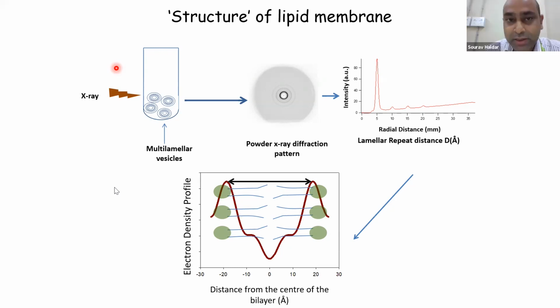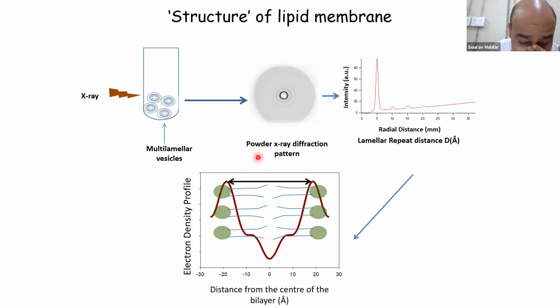But when we talk about the structure of a lipid membrane, what do we actually refer to? What we can do is get a time average distribution of different components of a lipid molecule when they are arranged in a bilayer fashion from an experiment known as powder X-ray diffraction.